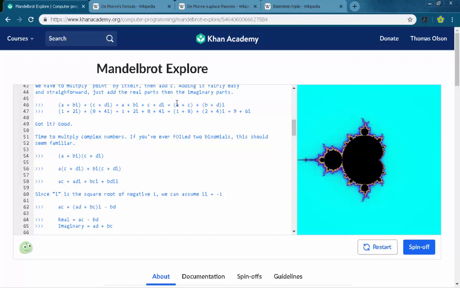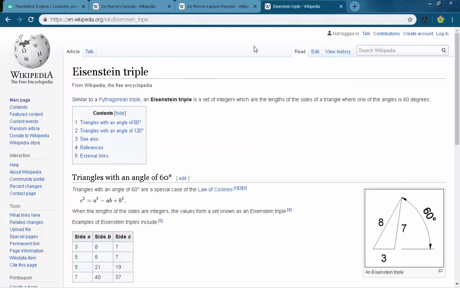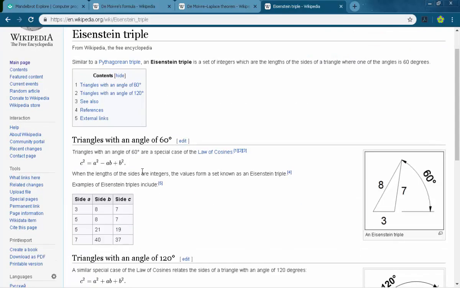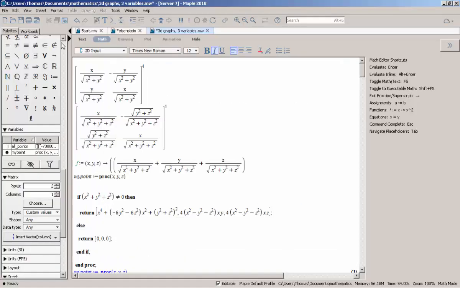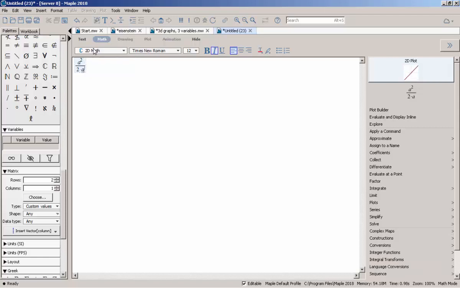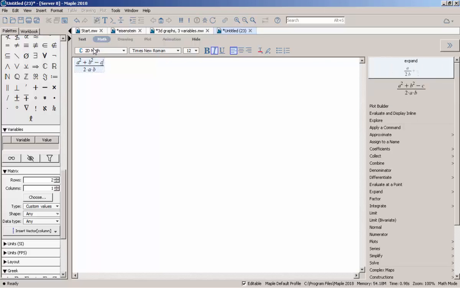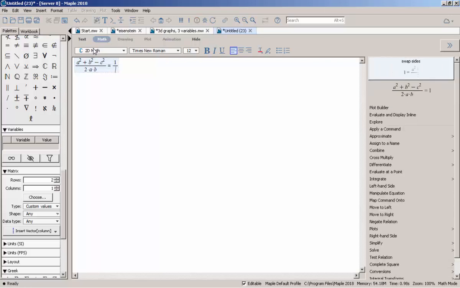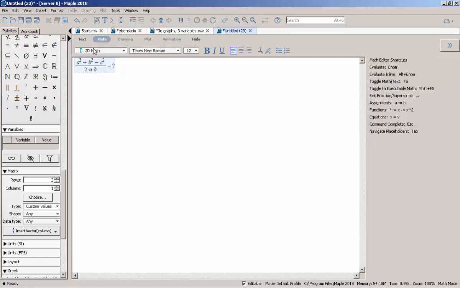So back to Eisenstein Triples. Eisenstein Triples are based on cosine law. Alright, so this here, you could put in a value.